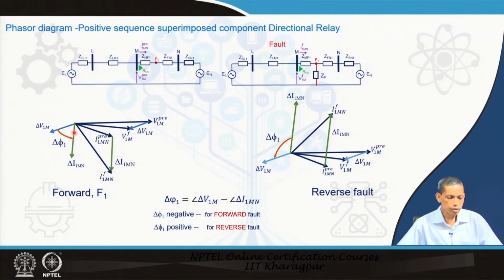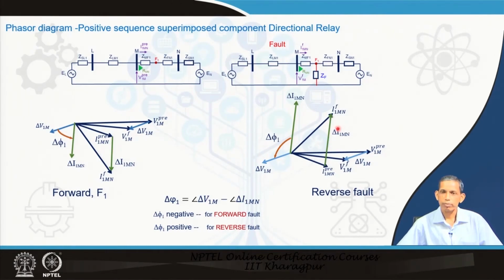We plot delta I1 and delta V1 at the origin. We see that delta I1 is leading delta V1. Our logic here is the angle of delta V1 minus the angle of delta I1, so this becomes negative. So, we say that delta phi 1 is negative for this forward fault.